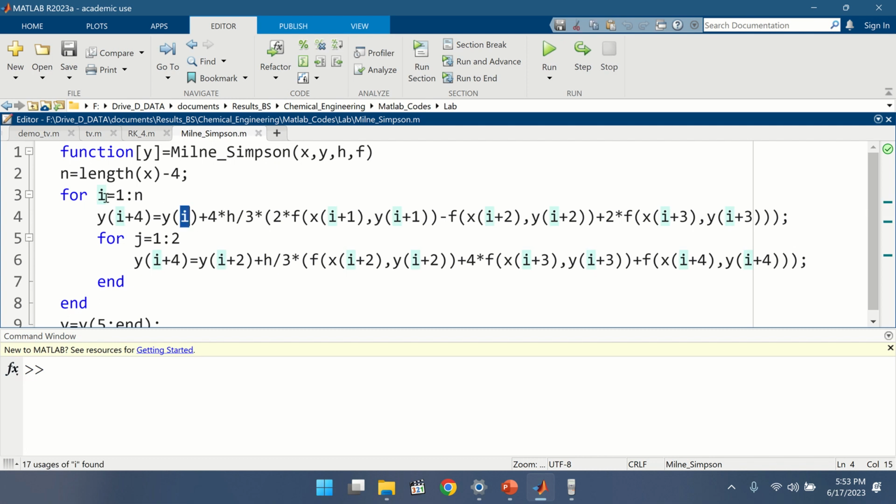This is y1, but theoretically y1 means y0, the initial value. And then we have 4h by 3 times 2 times f of x1 y1 minus f of x2 y2 plus 2 times f of x3 y3.